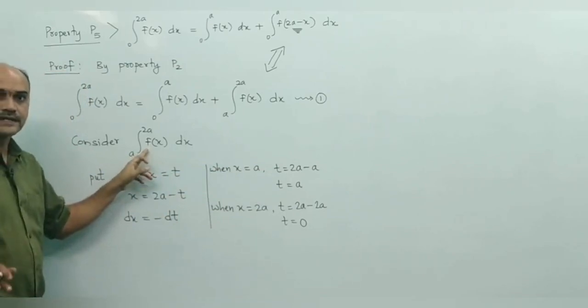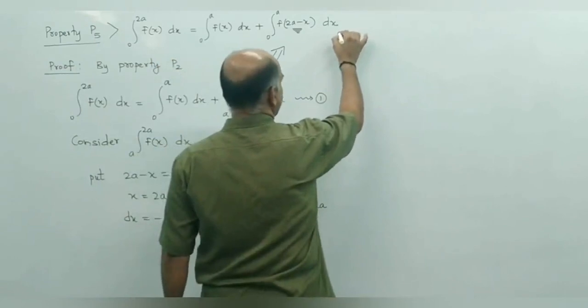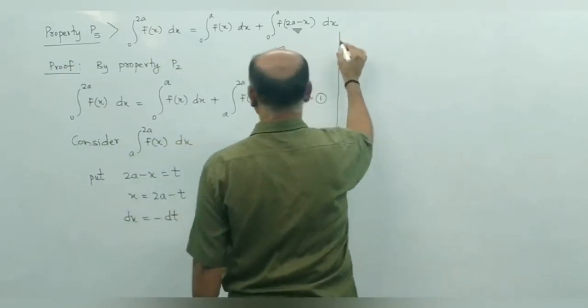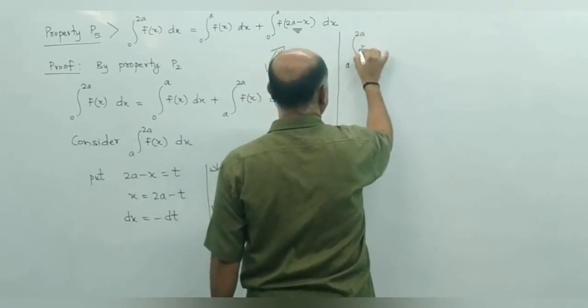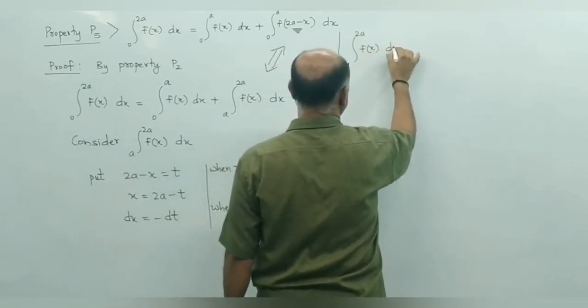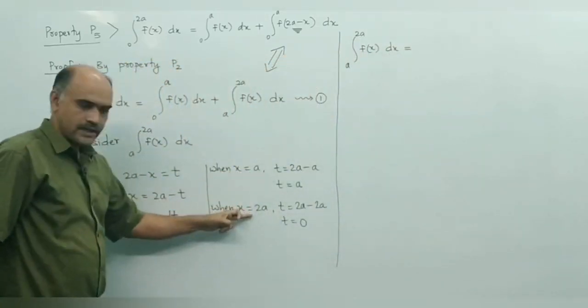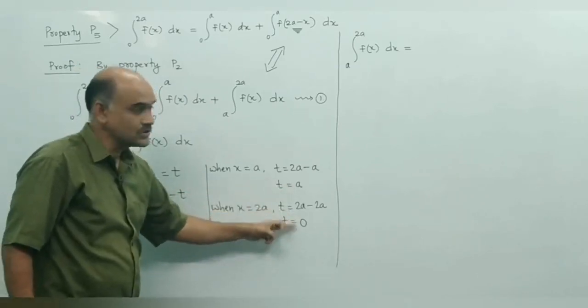Now all these things you substitute in this. So now if I substitute, integration a to 2a f of x dx is equal to, a to 2a will go and the limit will be from a to 0.